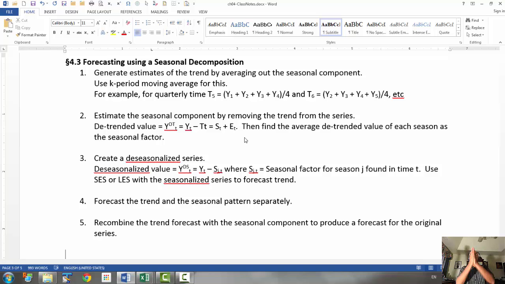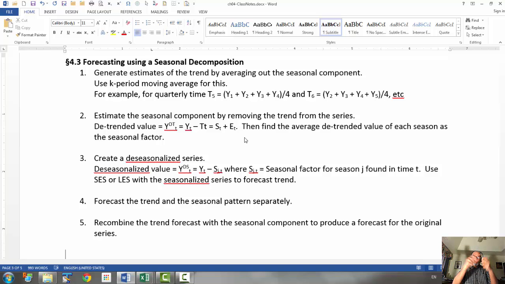So we have to come up with a seasonal index. And once we have the seasonal index, then we can use that to strip this seasonality out of the original data. If it is an additive model that we are assuming, then we subtract the seasonal index value from each of the actual values. If it is a multiplicative model, then we divide.